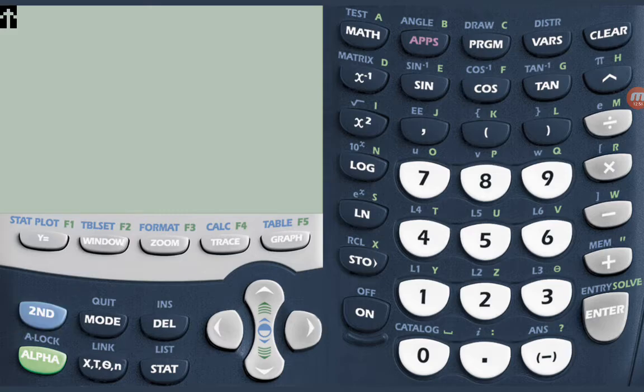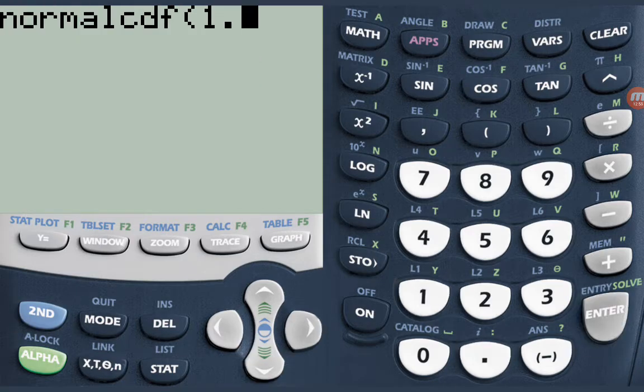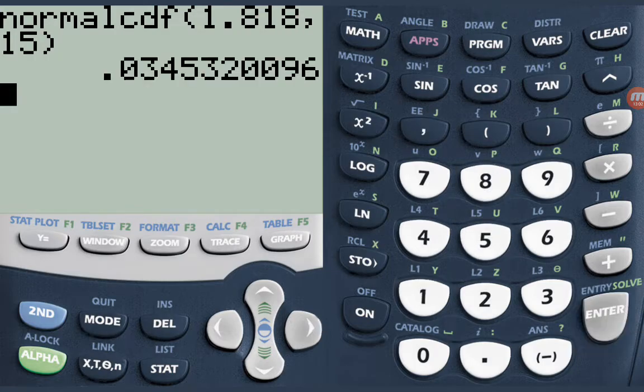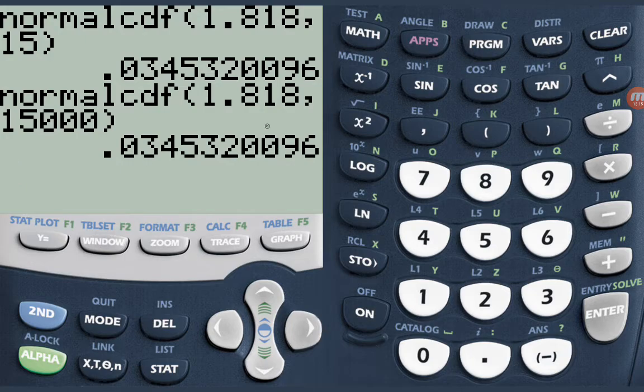So let me get my calculator. Second vars, normal CDF, 1.818, comma, 15. And now here's the thing, as long as you pick a z value far enough out for the one that's in the tail end, you can actually pick something gigantic, 15,000 I choose. And look, it gets me the same exact number the first time and the second time.